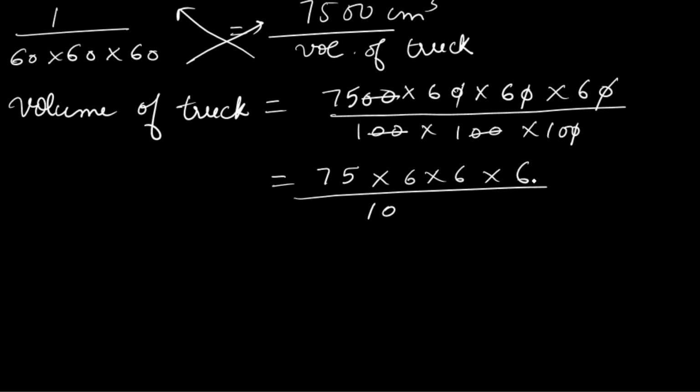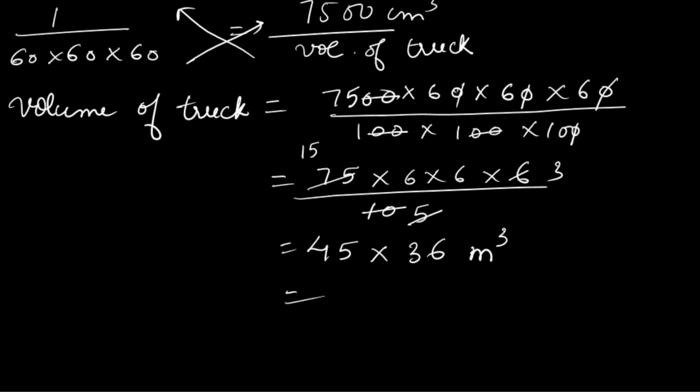Further cancellation you can do on 2's table. 2 into 3, 2 into 5, 5 into 1, and this one is 5 into 1, 15, 25. So 15 into 3 is 45, 45 into 6 into 6 is 36. So this we are getting in meter cube.